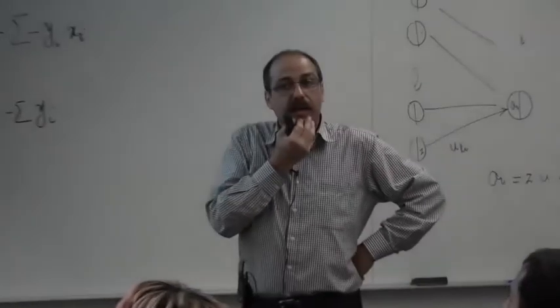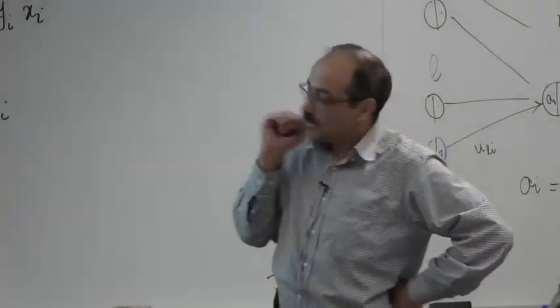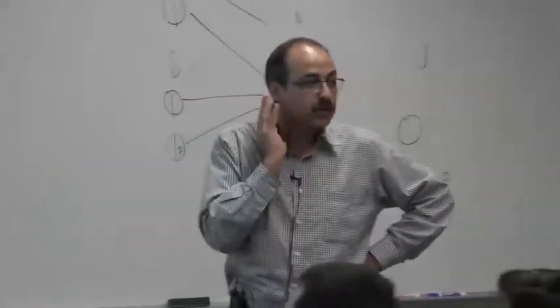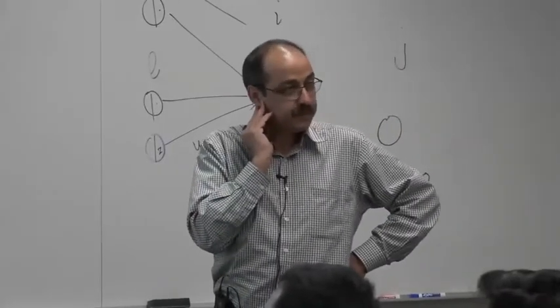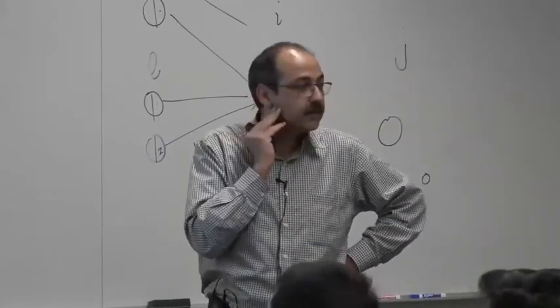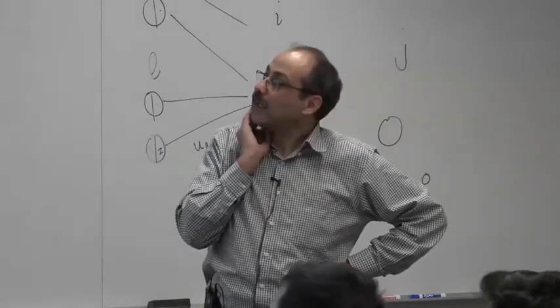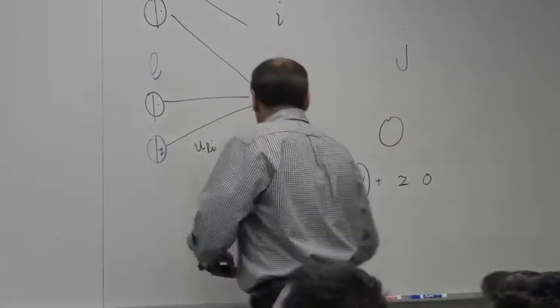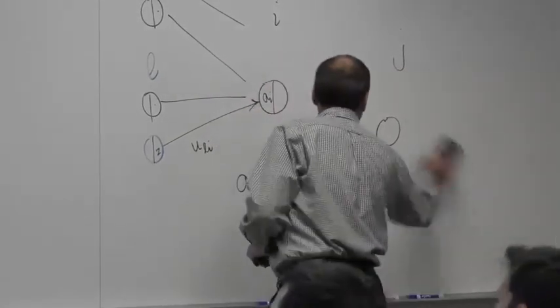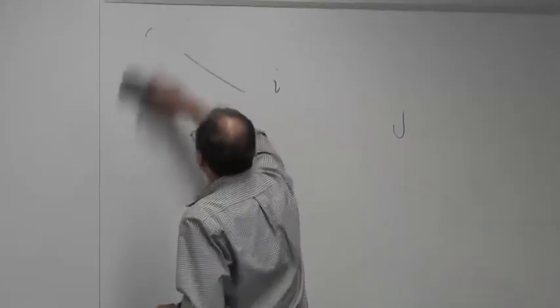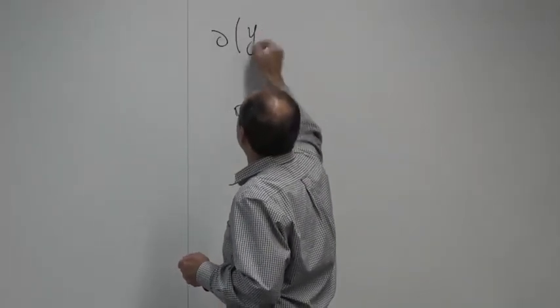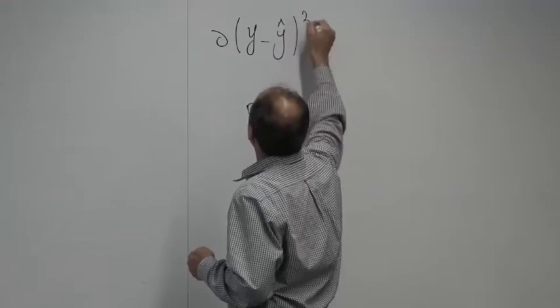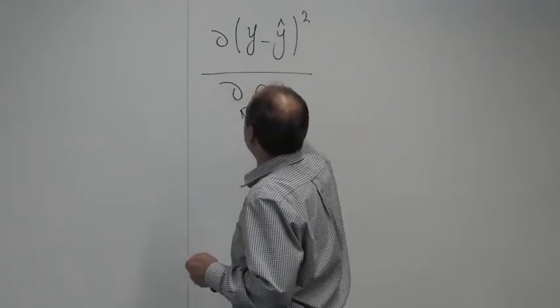Okay. Now, any suggestion how to approach this? Yes. Use chain rule again, on z_i. Okay. So I have the derivative of (y minus y hat) with respect to a_i.